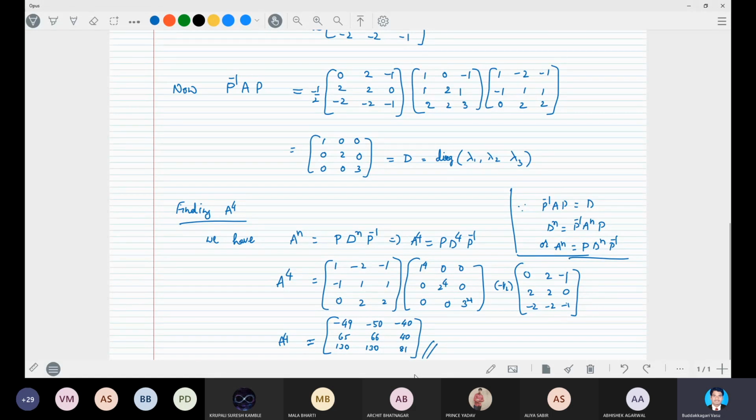Right? Like that we can obtain the power of the matrix through diagonalization.